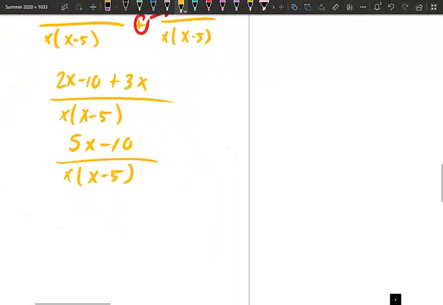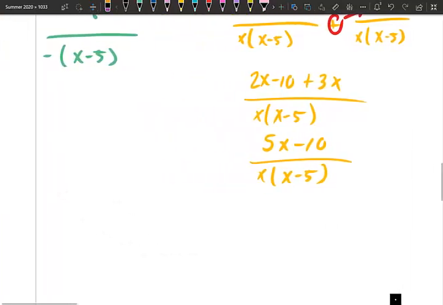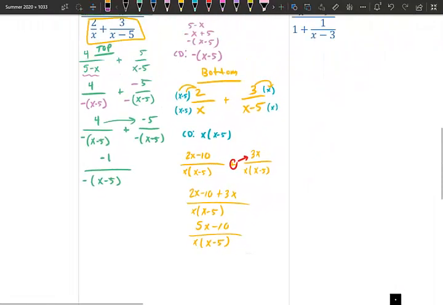The reason why you're probably asking why we don't take it out is because if we do that, can I cancel anything? I can't cancel anything. That's why I don't do that. All right, so the bottom equals 5x minus 10 over x times x minus 5. So let's rewrite that where it's supposed to go.